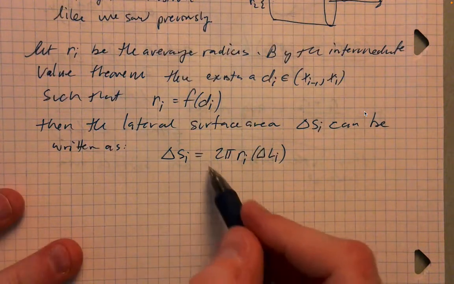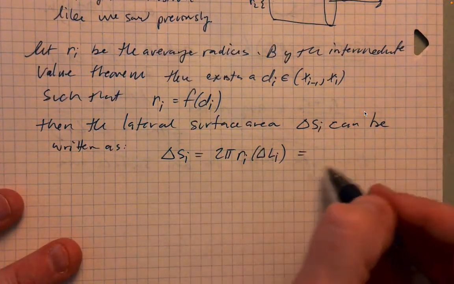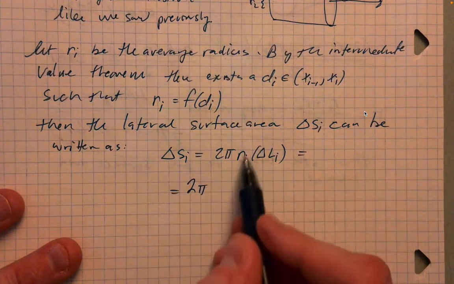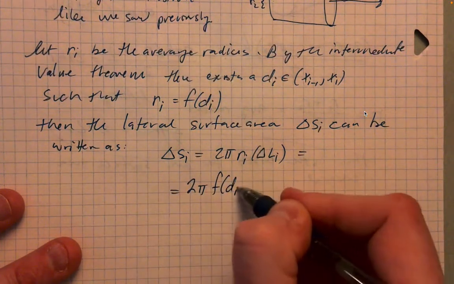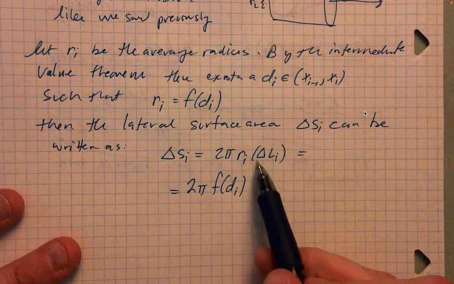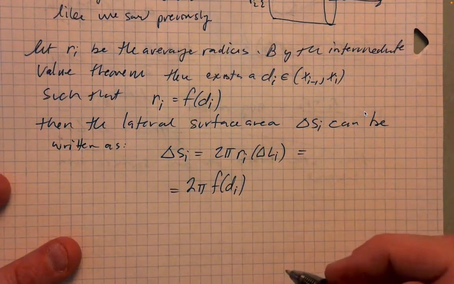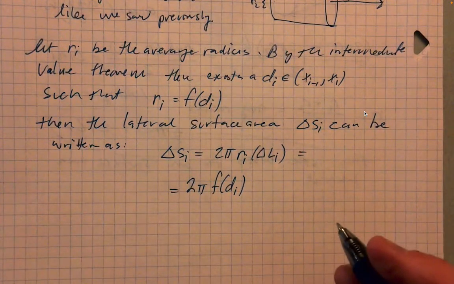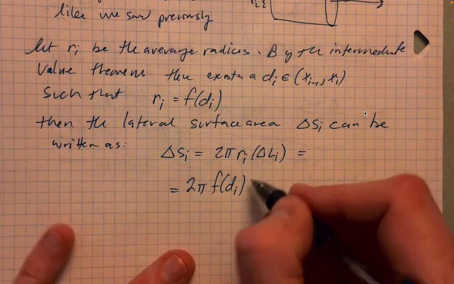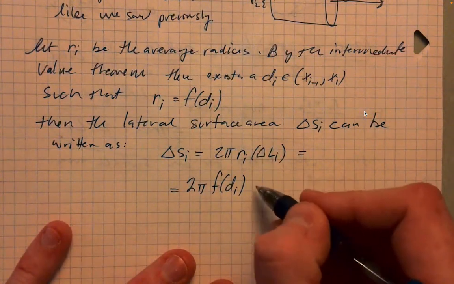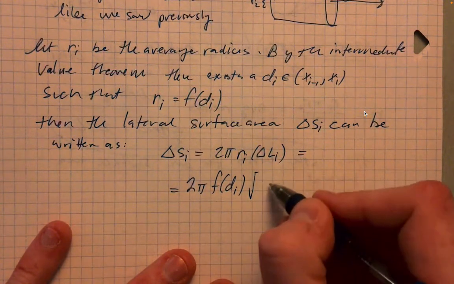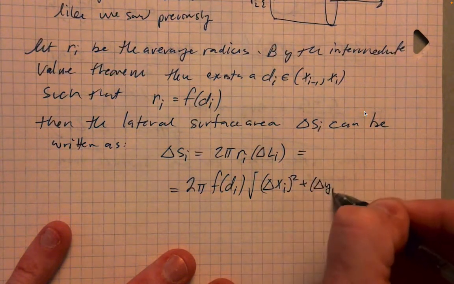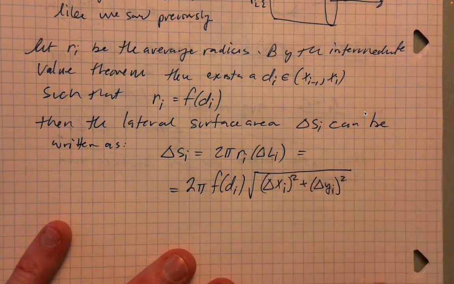So this is what we're starting with, and that's equal to 2 pi. Now instead of ri, let's put that f of di in. And instead of delta Li, let's pull in our xi and our yi. So delta Li would be the square root of delta xi squared plus delta yi squared, like so.